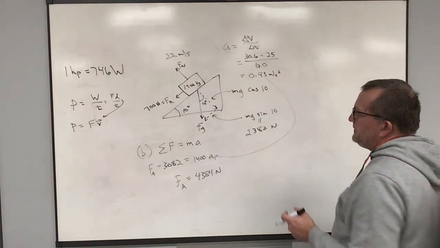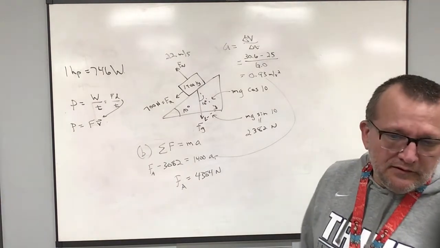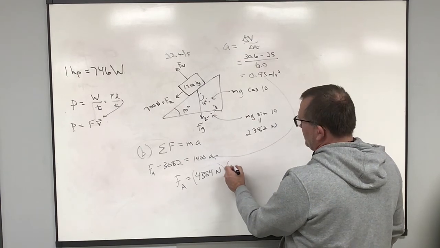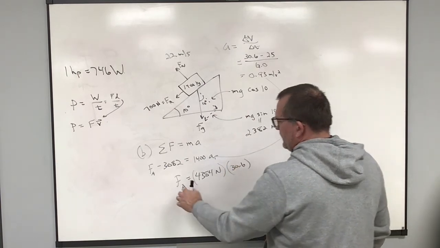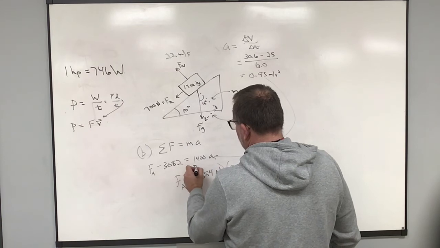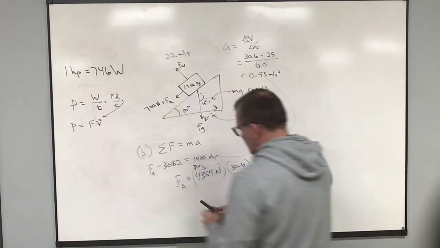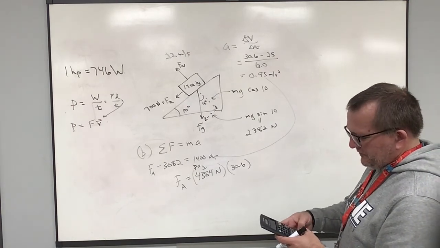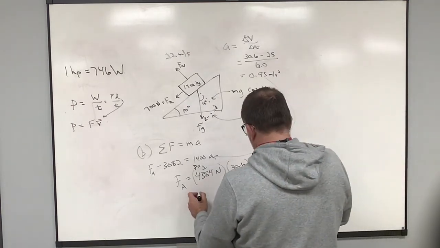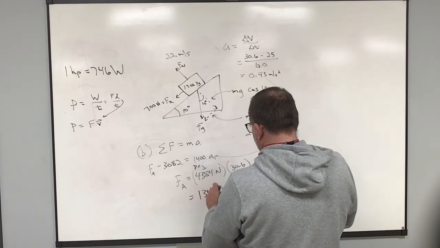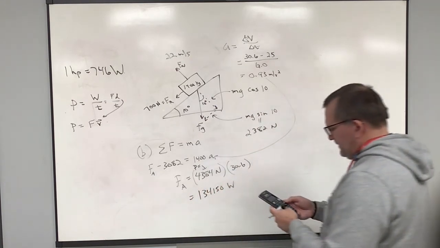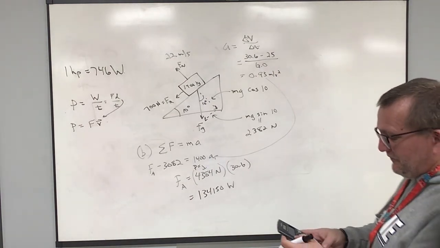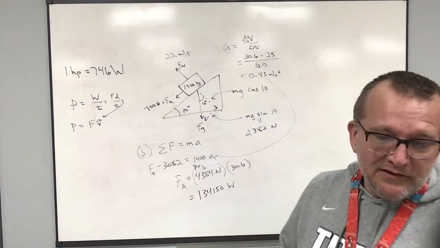The velocity I would use would be the final velocity that we're getting up to, so that would be the 30.6. I take 4384 times 30.6, and I get 134,150 watts of power. Again, if I divide that by 746, I need 179, almost 180 horsepower to get that thing to go up.